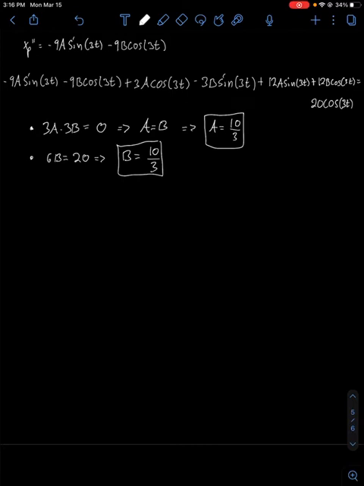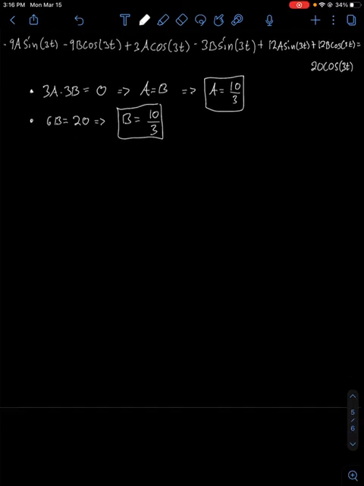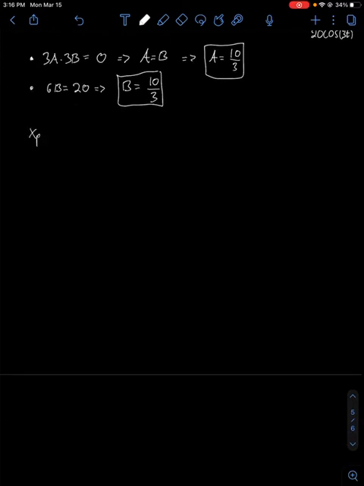Now we can plug these a and b terms back into the particular solution. X of p equals 10 thirds sine of 3t plus 10 thirds cosine of 3t, and that's the particular solution.